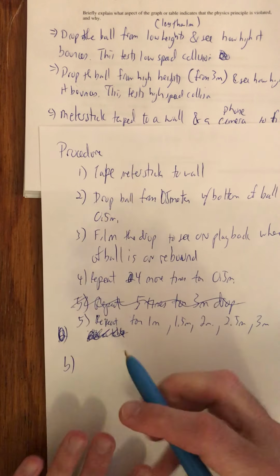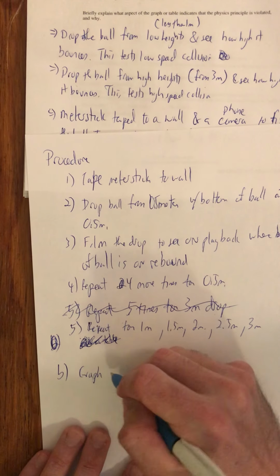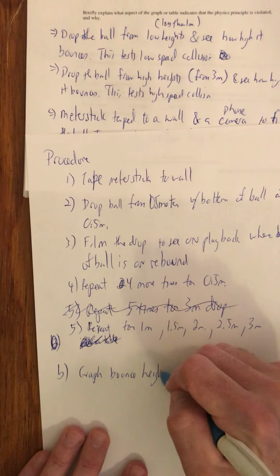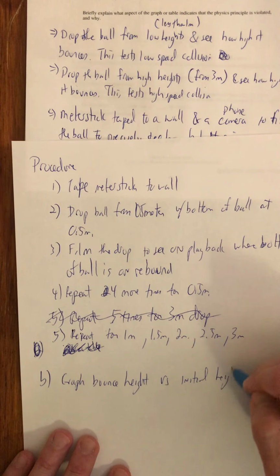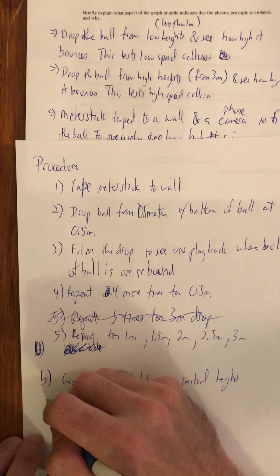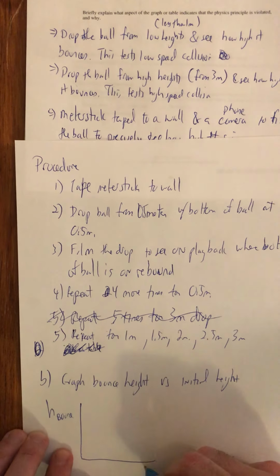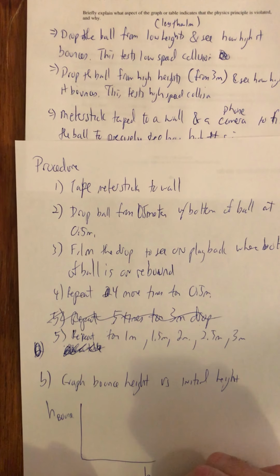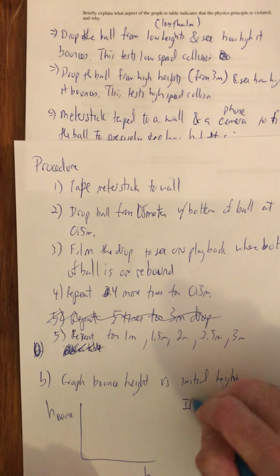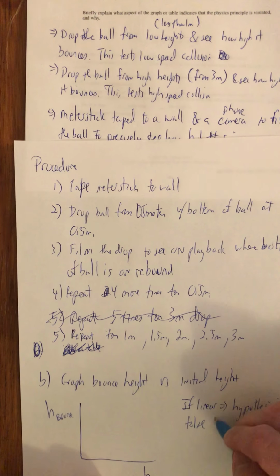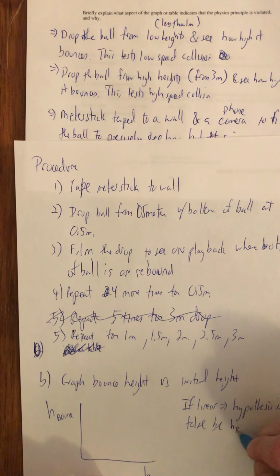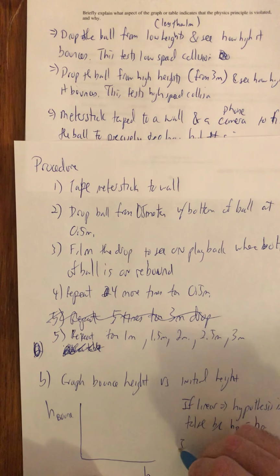And so then for B, what we're going to do is graph bounce height versus initial height. So H bounce versus H original. If it's linear, the hypothesis is false, because H bounce equals H original, right?